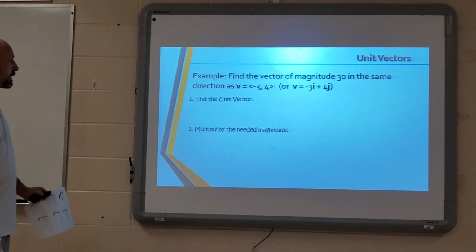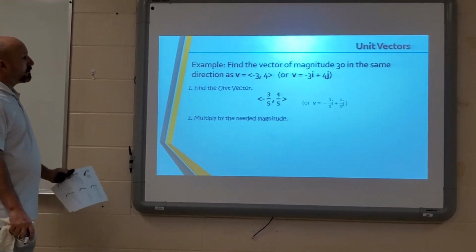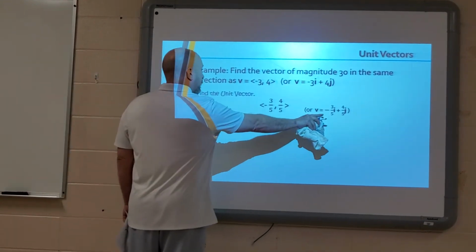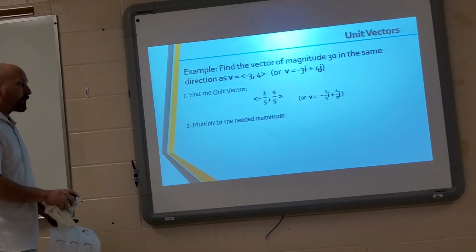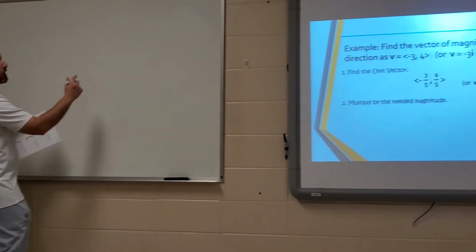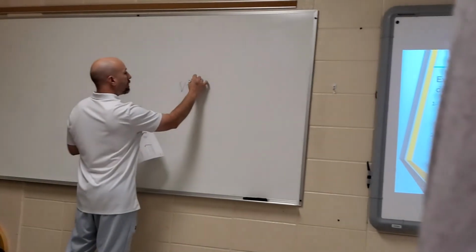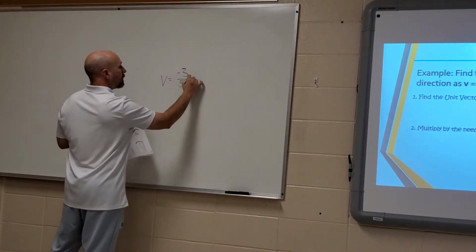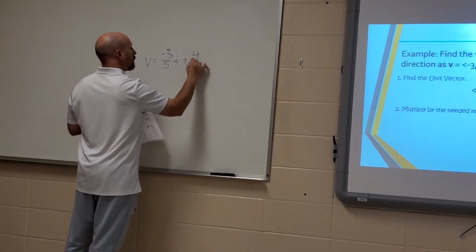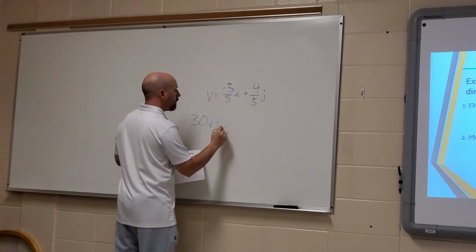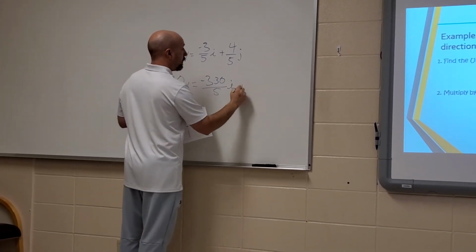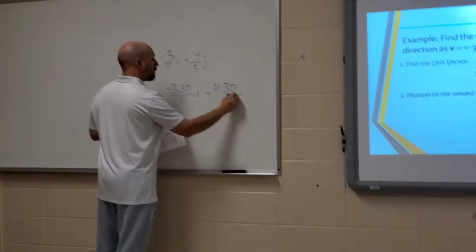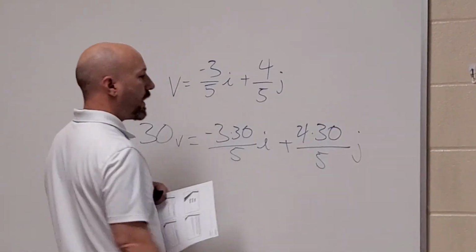We find the unit vector, which is what we did a second ago, and it says magnitude 30, so we multiply this by 30. So 30v would be negative 3 times 30 over 5i plus 4 times 30 over 5j.